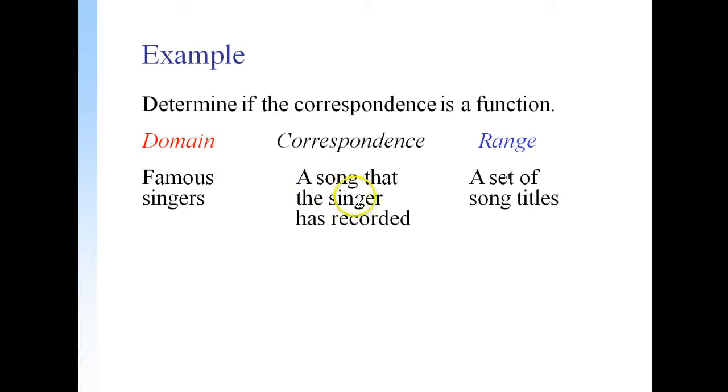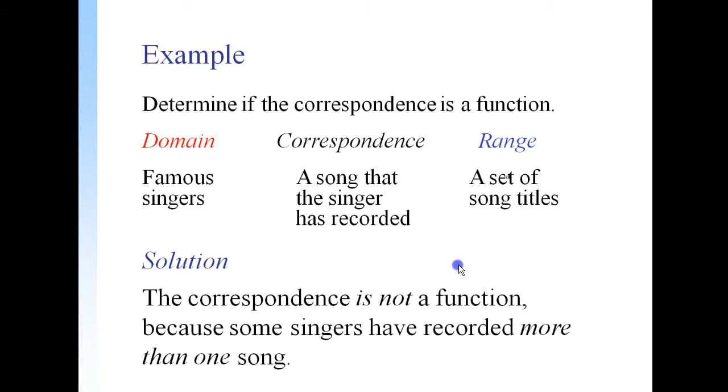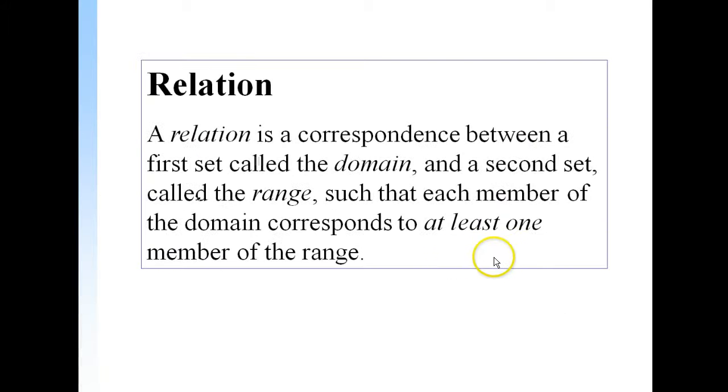Now, it is a relation, of course. Every song that a singer sings to the title, that's a relation, but it's not a function. Okay, so a relation, once again, is just a correspondence between the domain and the range, the X and the Y.